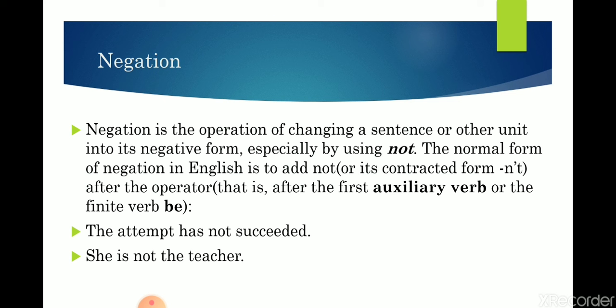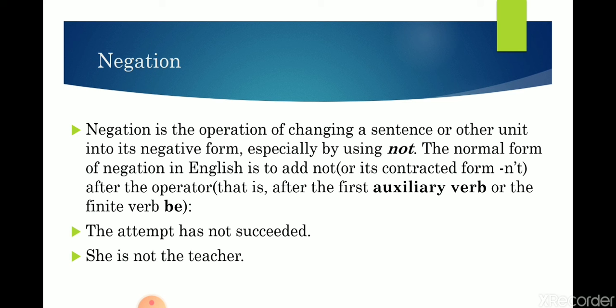So, the word not is added to the operator, which is the first auxiliary verb, or we could use it after the verb be if it was used as the main verb within the sentence, as we see here in the following examples. The attempt has not succeeded. She is not the teacher.